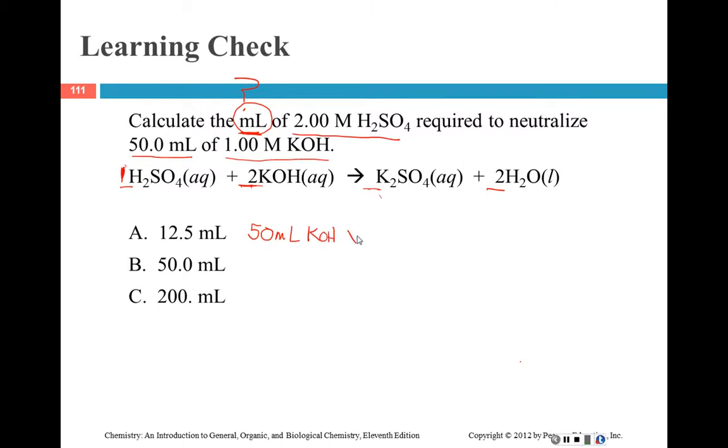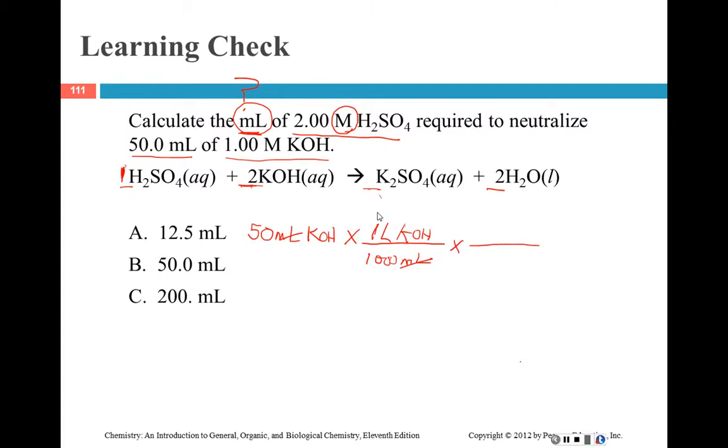I want to get that to liters because my molarity is moles per liter, not moles per milliliter. So in 1 liter of KOH, there's 1,000 milliliters. That allows me to cancel my milliliters.